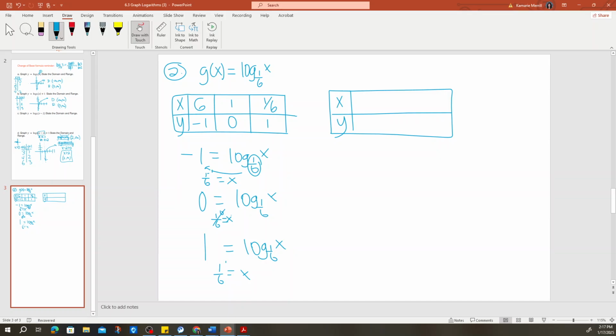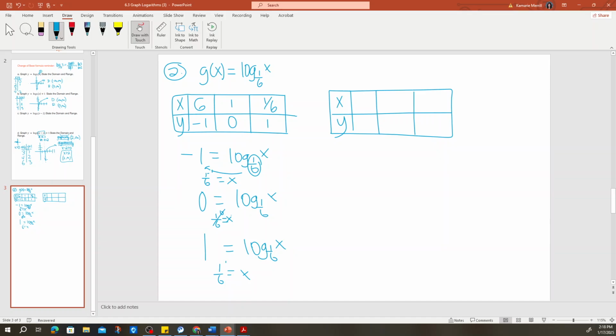Let's do the other way where we're strategic on what values we want to plug in. So I'm going to plug in x's. Give me something nice. Yours don't have to match my key perfectly. We can do a 3, but 3 doesn't work nicely because I can't rewrite the base 6.